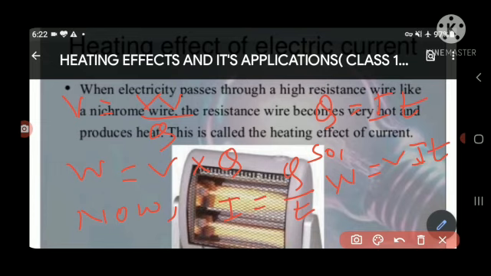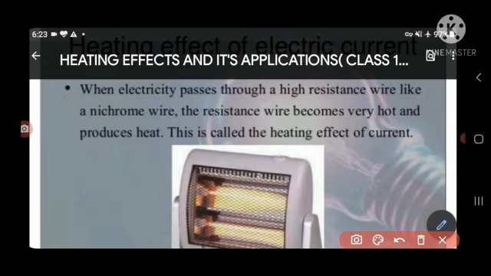So we get W equal to V into I into T. See, we get W is equal to VIT, right?